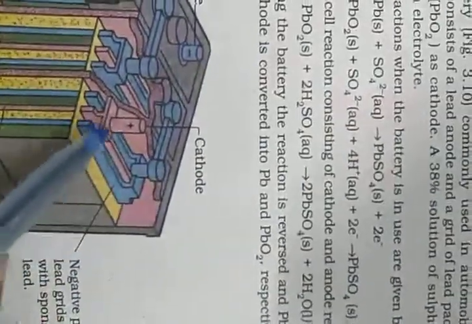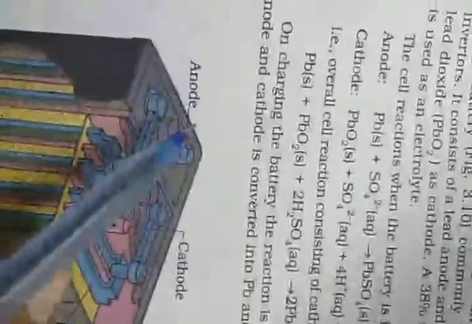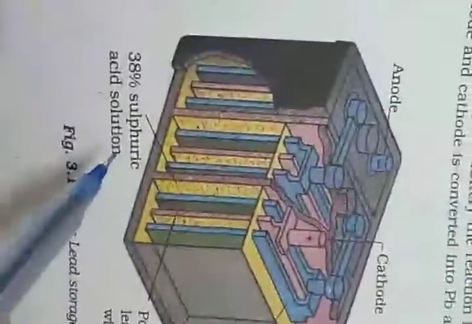It consists of a lead anode and a cathode, a grid of lead packed with PbO2, and the electrolyte is a 38% sulfuric acid solution.